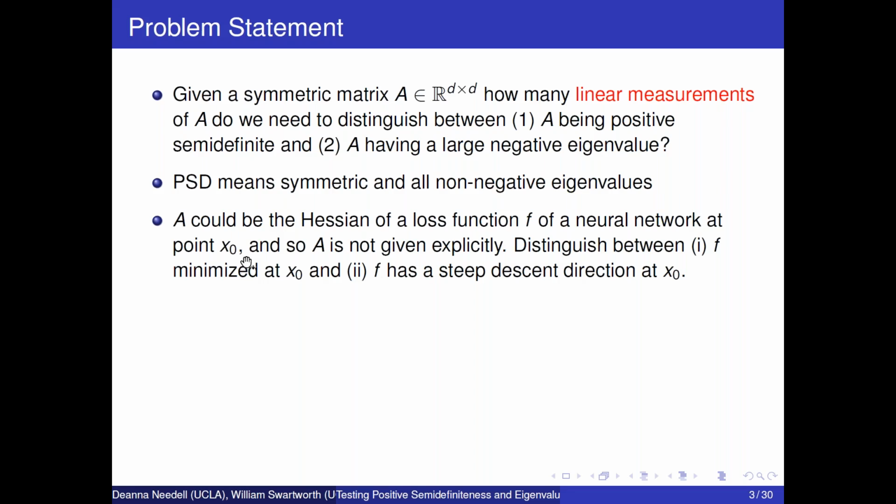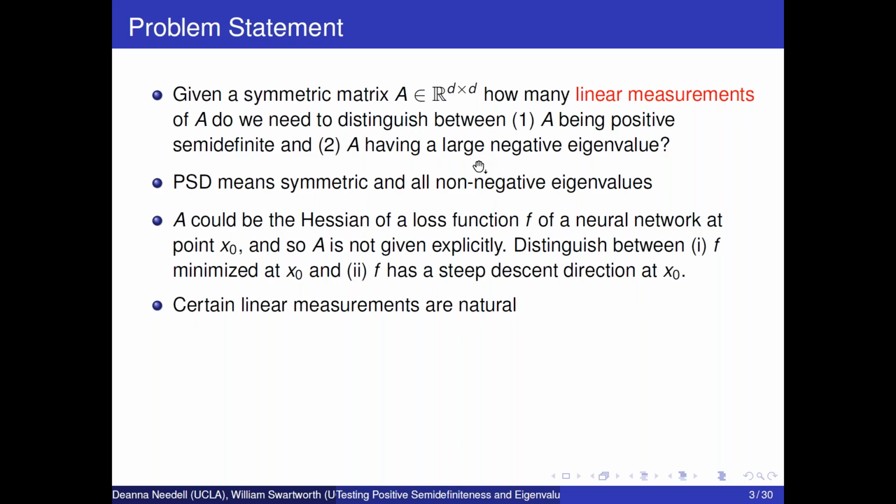Why might this be important in distinguishing these two cases, 1 and 2? Well, case 1 would correspond to a loss function f being minimized at x0. That's when the Hessian would be positive semidefinite. And case 2 would correspond to f having a steep descent direction at x0. That's what it would mean for the Hessian to have a large negative eigenvalue.